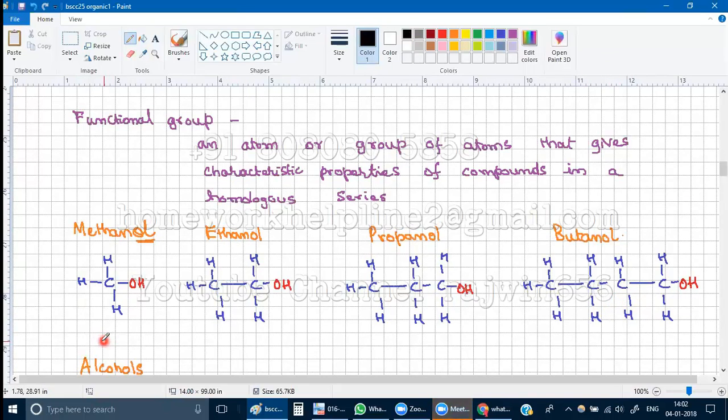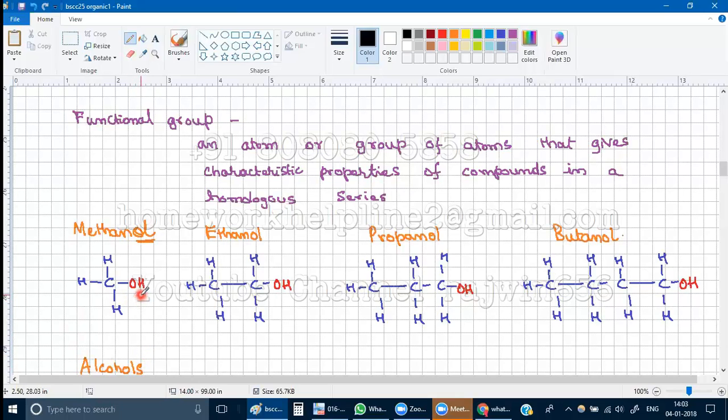What is your question? Is the alcohol a functional group or the OH is a functional group? See, the atom or group of atoms will give you a special characteristic property. The name of that functional group over here is alcohol. And the property is OH.